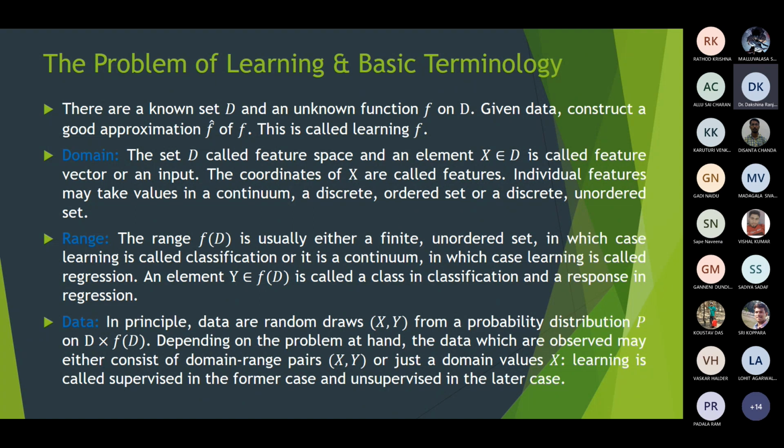When the domain range pair is provided, we call the corresponding learning system a supervised learning system, and when only the domain values are provided, the corresponding learning system will be called unsupervised.